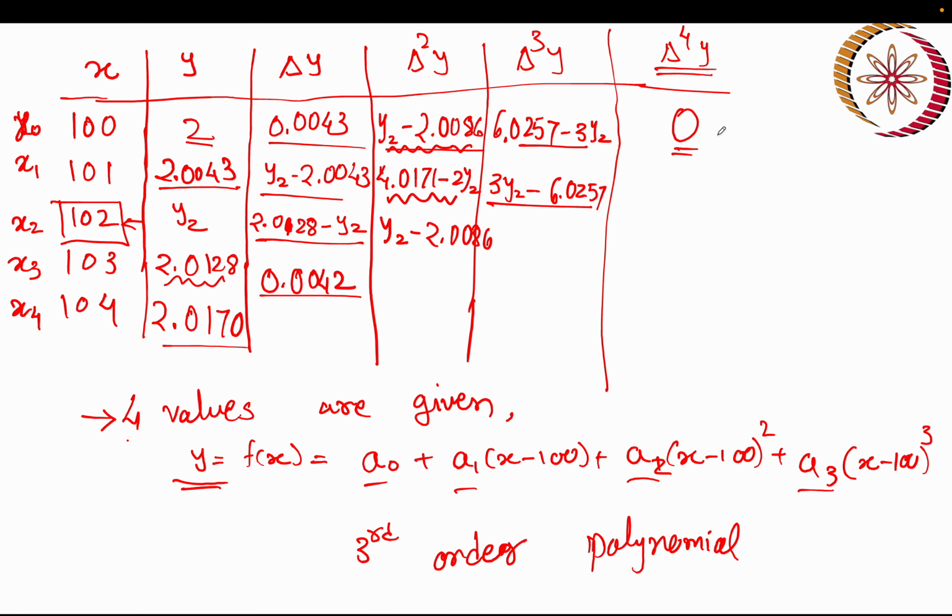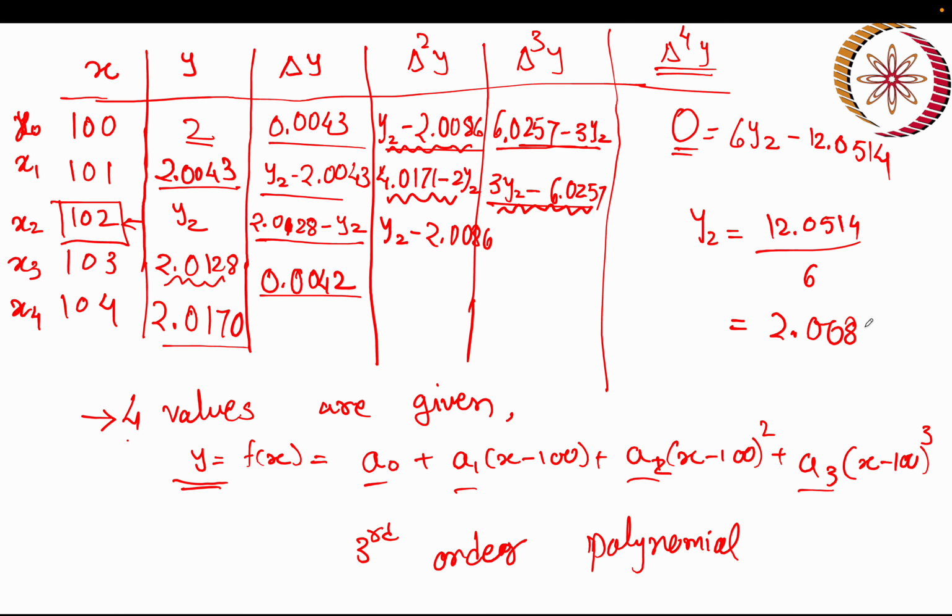Okay, now we are supposed to equate it to 0, that 0 is equal to 6y2. So we are now subtracting this first value from this one, and we'll get 6y2 minus 12.0514. Okay, so if we solve this equation, y2 is equal to 12.0514 by 6, and the final answer I will write, which will be 2.0086.